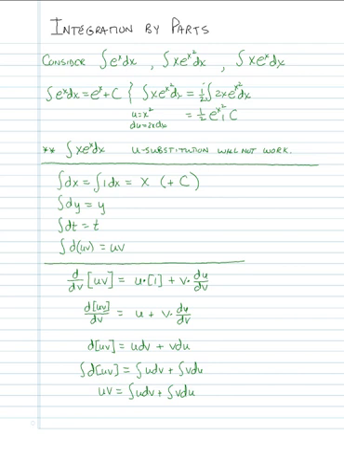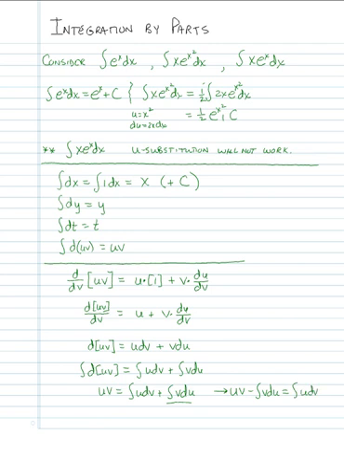Well, what I would like to do next is subtract this from both sides and rearrange at the same time. When I subtract this from both sides, I end up with uv minus the integral of v du, and that's left on the right side just the integral of u dv.